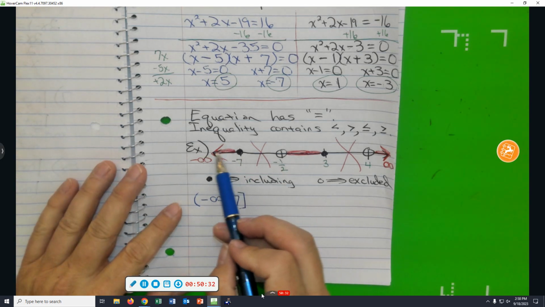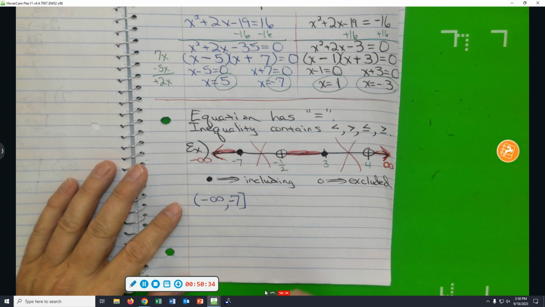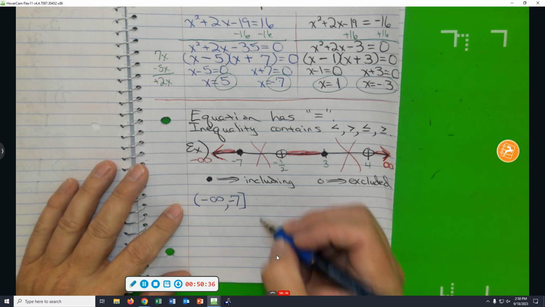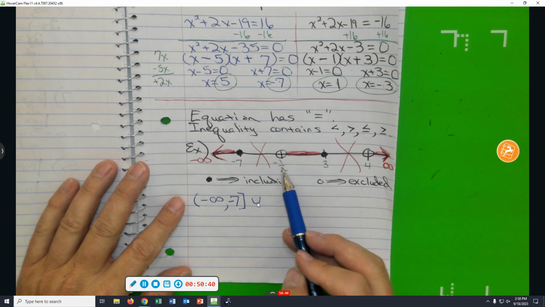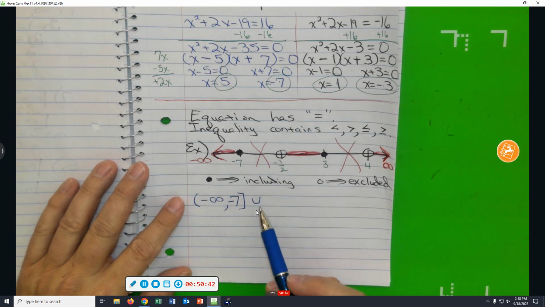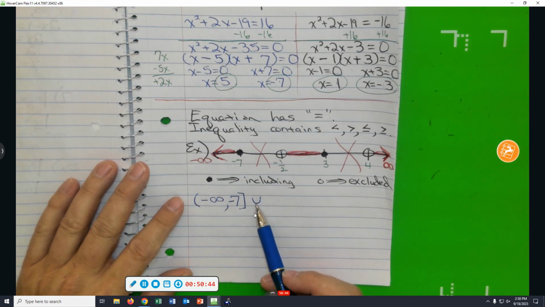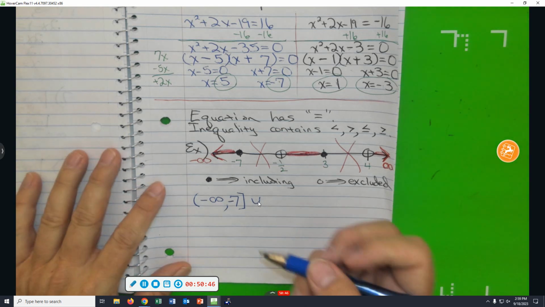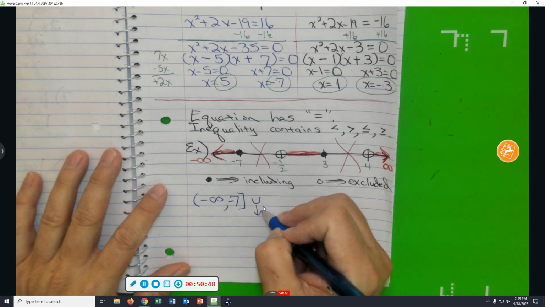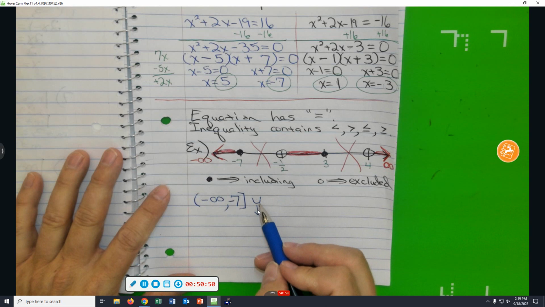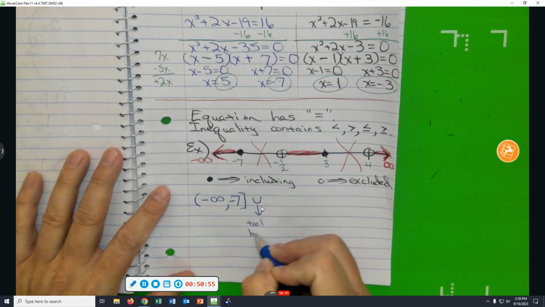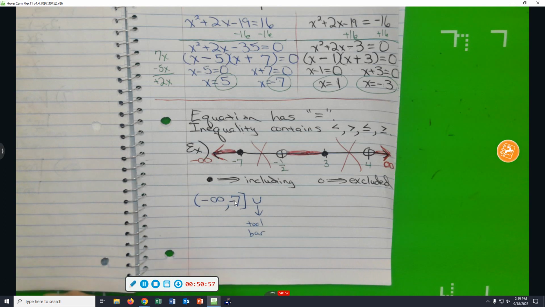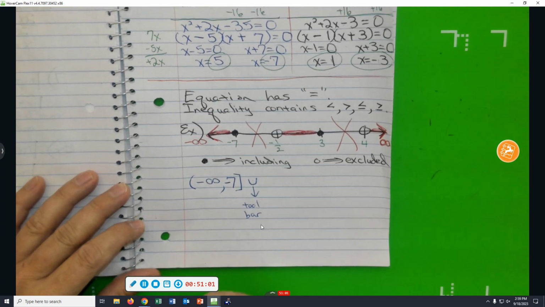So all the numbers to the left of -7, including -7, or we can use the numbers between -1/2 and +3. This is a stylized U. It's red for set union, but that symbol, that U, is going to come from the toolbar, because you're going to be typing in those intervals at the end once you're through with the problem.